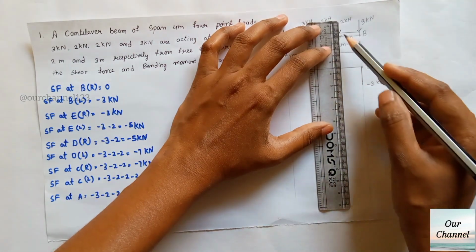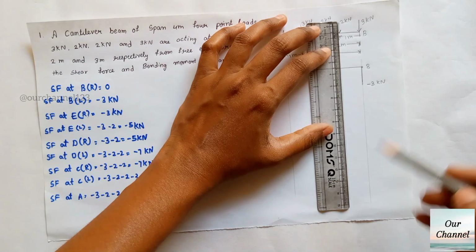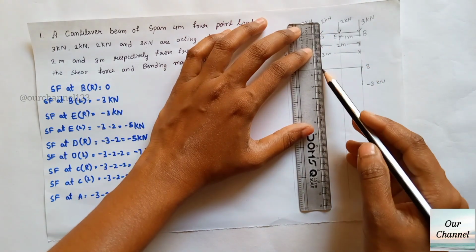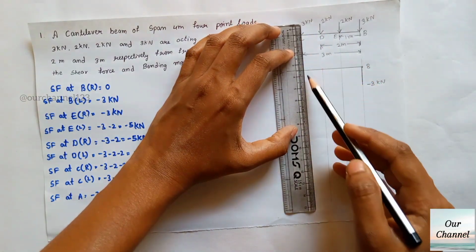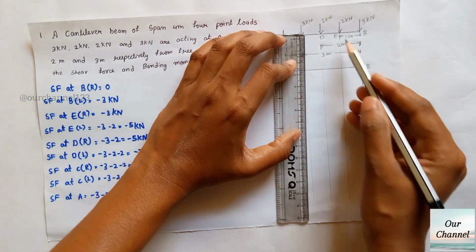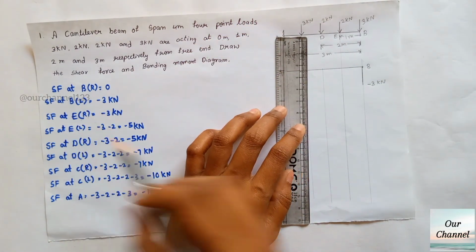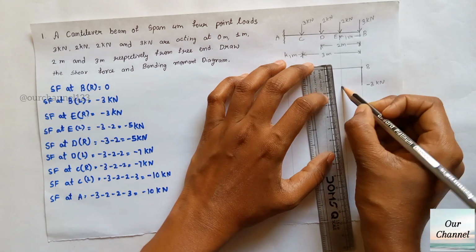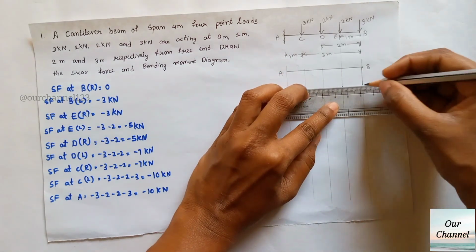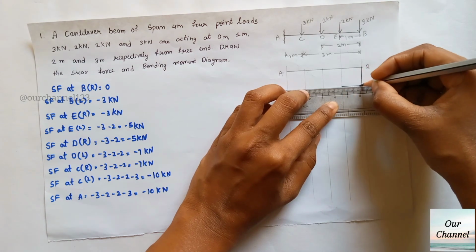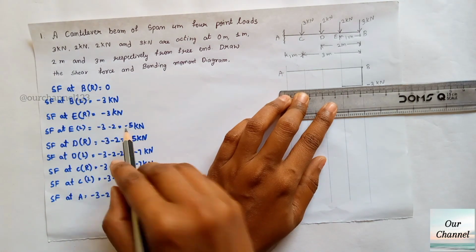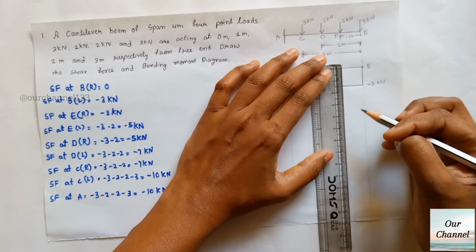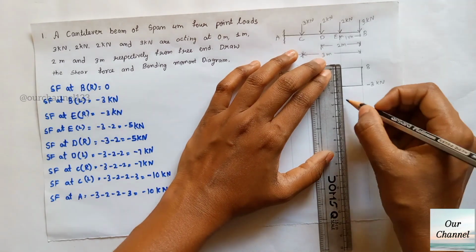Next, right of E is minus 3. Next, on the same E point, we are getting minus 5. Draw one more line representing minus 5.